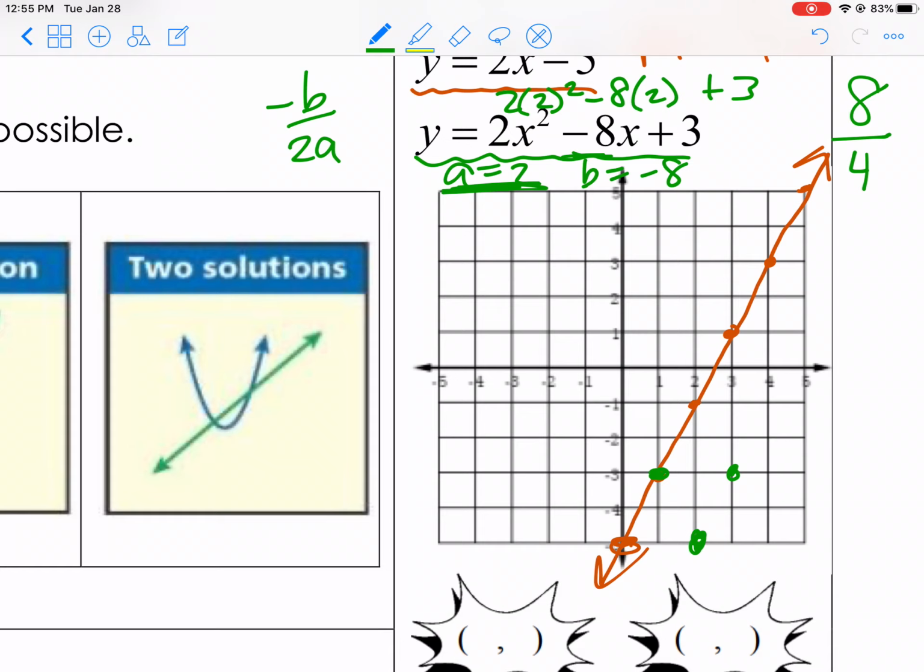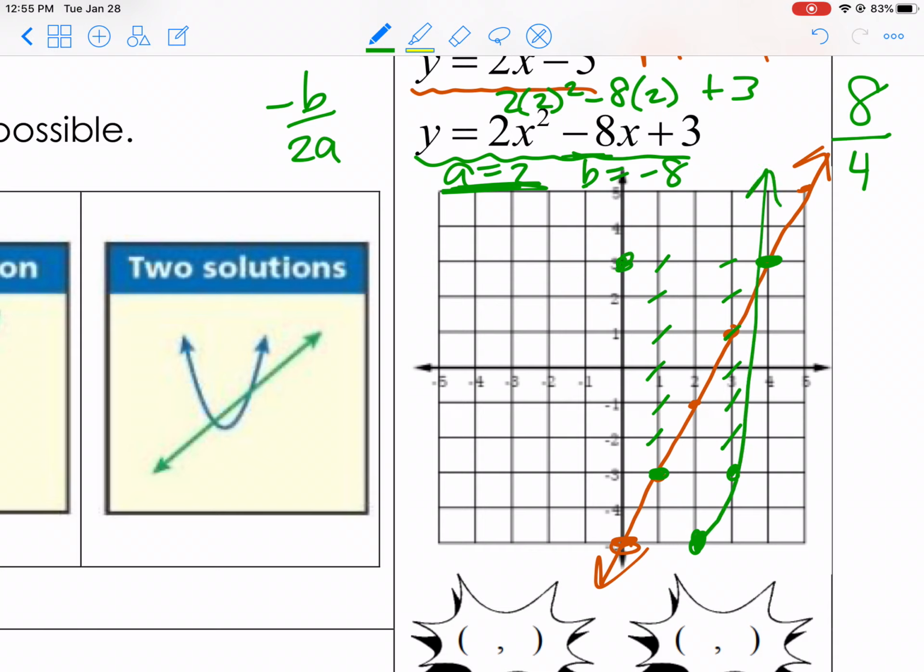The next slope changes. The next slope is going to be a times 3, so that'll be 6. 2 times 3. So from that point that we just graphed, we rise 6: 1, 2, 3, 4, 5, 6, and right 1. And then we go the opposite direction: 1, 2, 3, 4, 5, 6, and left 1.